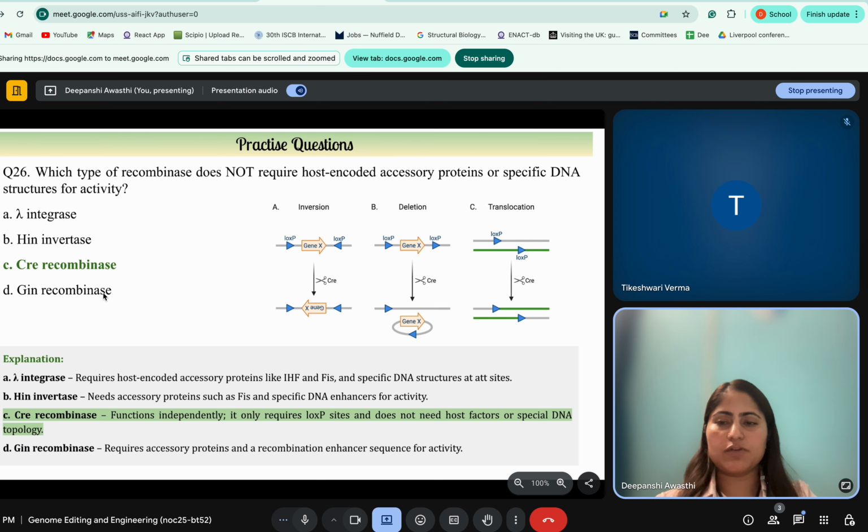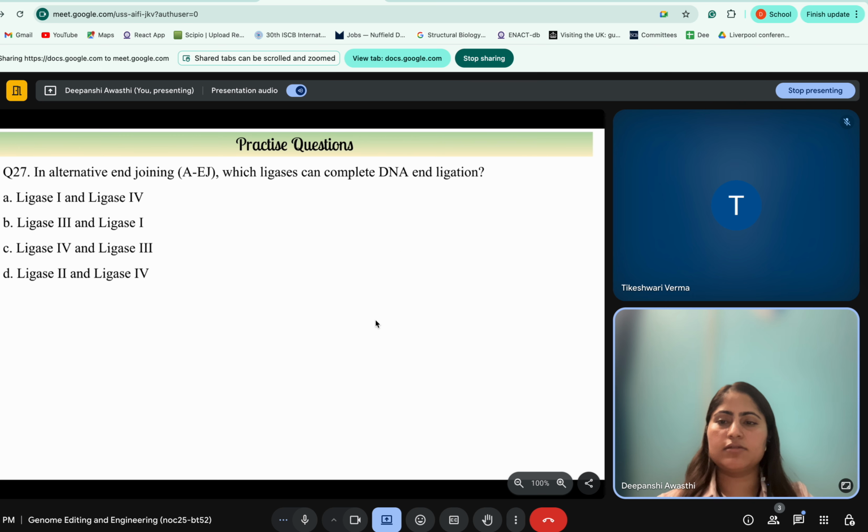The last option was Gin recombinase. It requires accessory proteins and the recombination enhancer sequence for its activity. So the right answer was option C, Cre recombinase. Similarly, the orientation of these recognition sites will decide whether the outcome will be inversion, deletion or translocation.